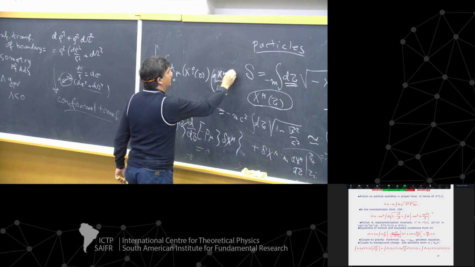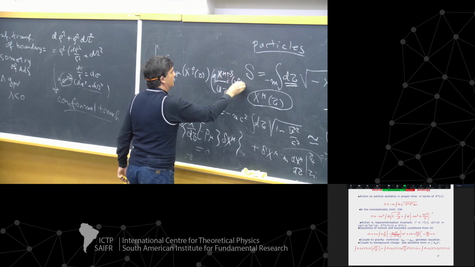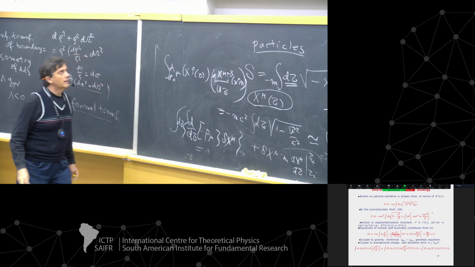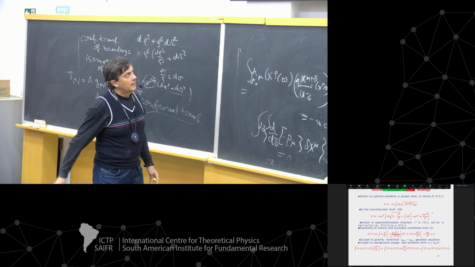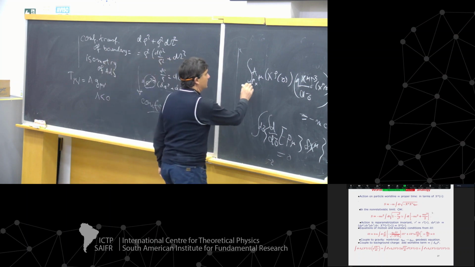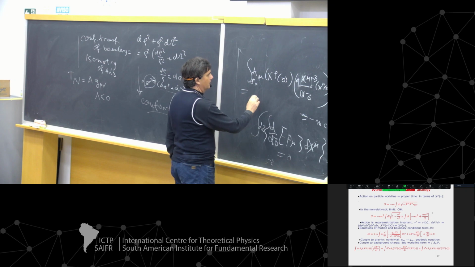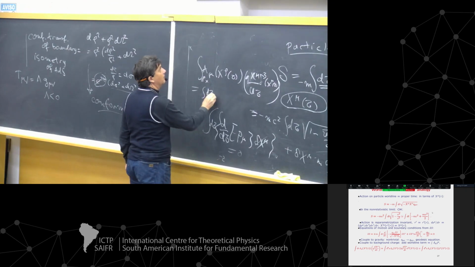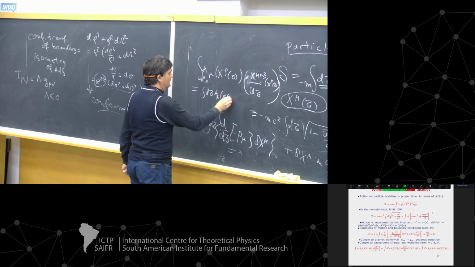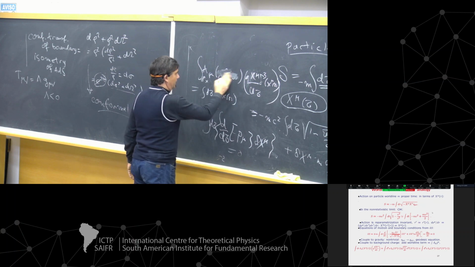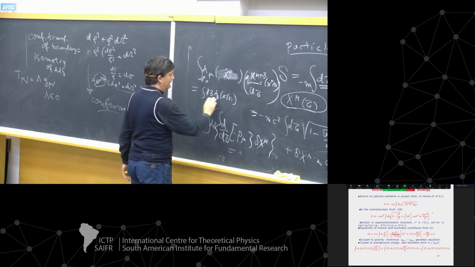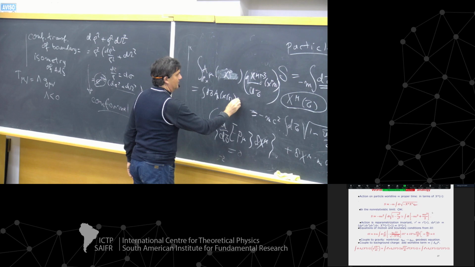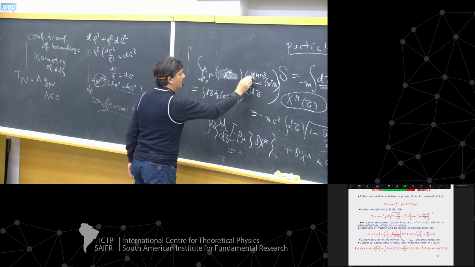So now this becomes just the integral d tau A mu of x of tau. And then doing the integration of the delta function, I get A mu of x of tau times q dx mu d tau.